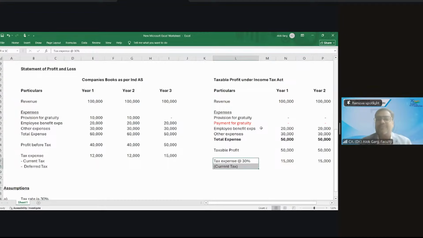So this deferred tax concept has arisen to match your accounting profit and your taxable profit, to match your accounting expense and your tax expense. So friends, current tax I'll take from where? Current tax I'll take from the income tax computation.